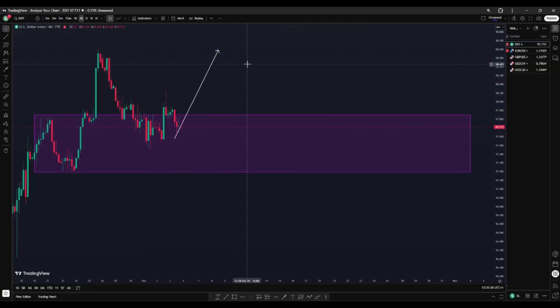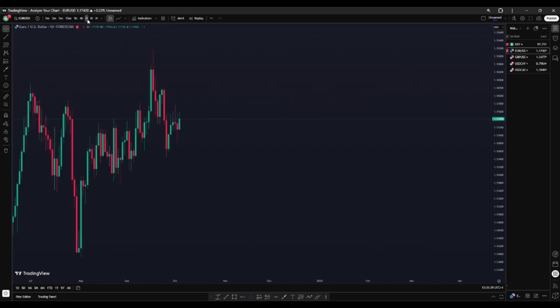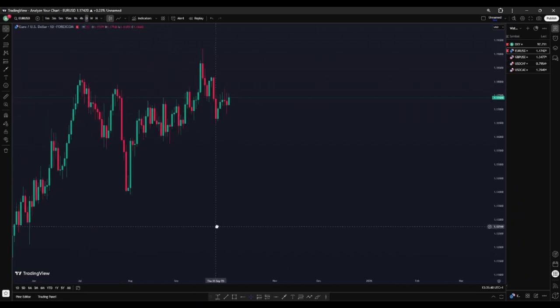Now, with that in mind, if you transition to Euro USD, we are going to see the opposite of the analysis we just did on the dollar index. So let's start from the daily time frame, just like we did for the dollar index. As you can see clearly here, we are also in a bearish trend right now on Euro USD. So if you have a bullish DXY, we are going to have a bearish Euro USD, because the dollar is strong.